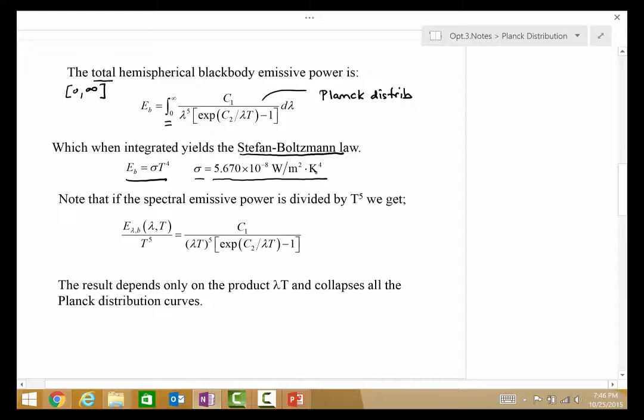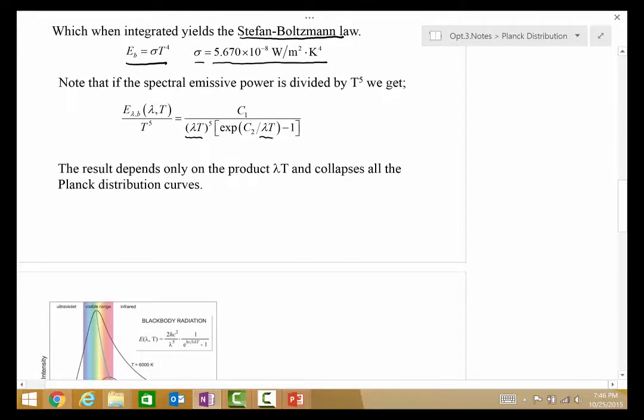What's interesting is that if the spectral emissive power is divided by T to the fifth, so this is not the hemispherical, this is the spectral, we get something that depends only on lambda T and not on lambda or T alone. What this does is it collapses all the Planck distribution curves on a single curve.